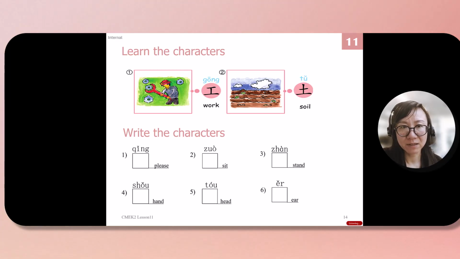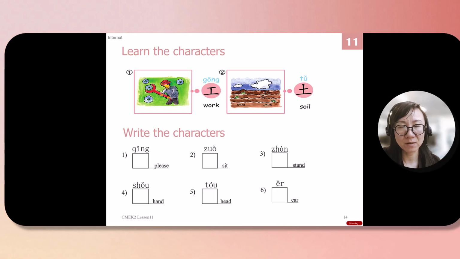第一个, 请, meaning please. So the phrase we can use is 请坐下, 请举手, 请站起来, 请开门. And number 2 is 坐, sit.